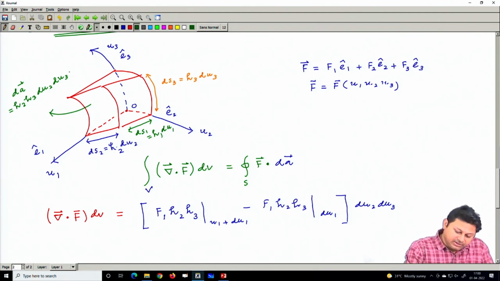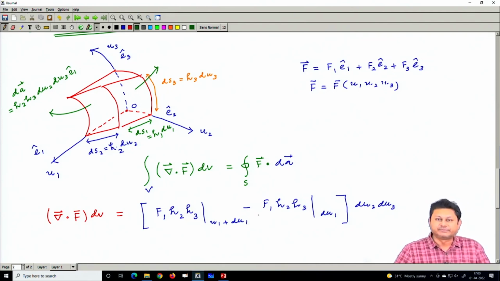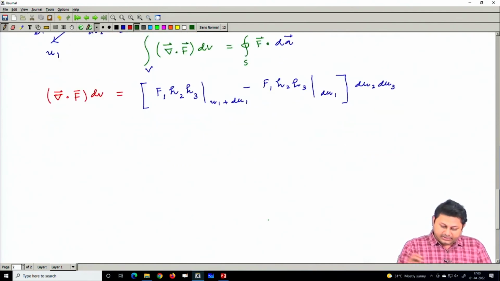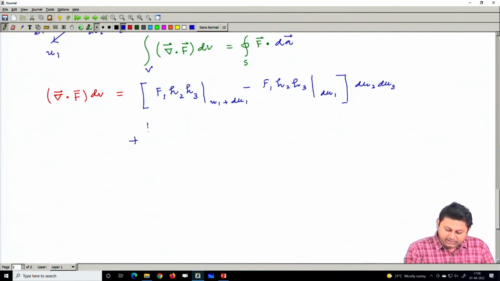In a similar way, rest of the surface you can calculate. Now, this is a unit vector. So, if I consider this one, it should be a unit vector of e1. This opposite one should have a unit vector with minus e1. So, that I am just writing here. Okay. Then I will add similarly, once you understand that, the rest is mechanical.